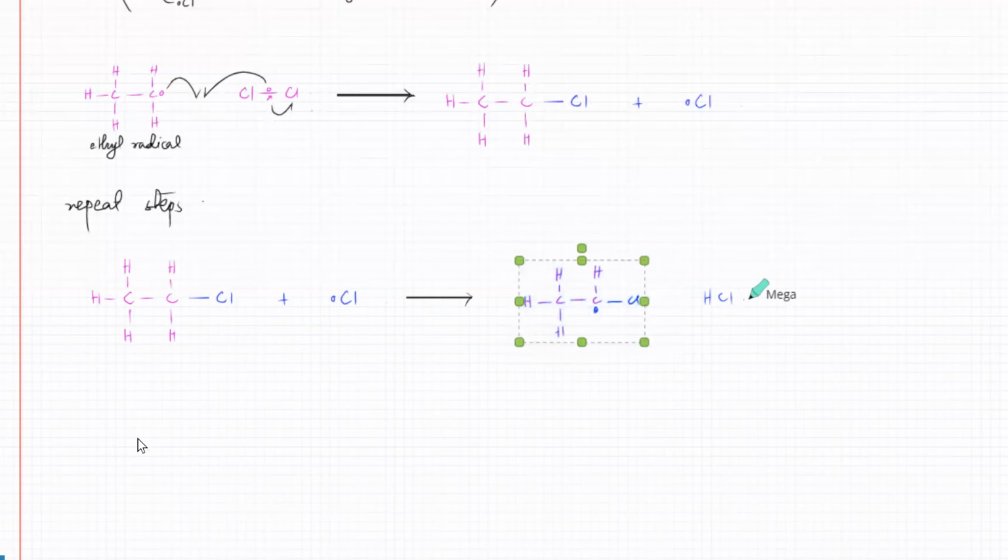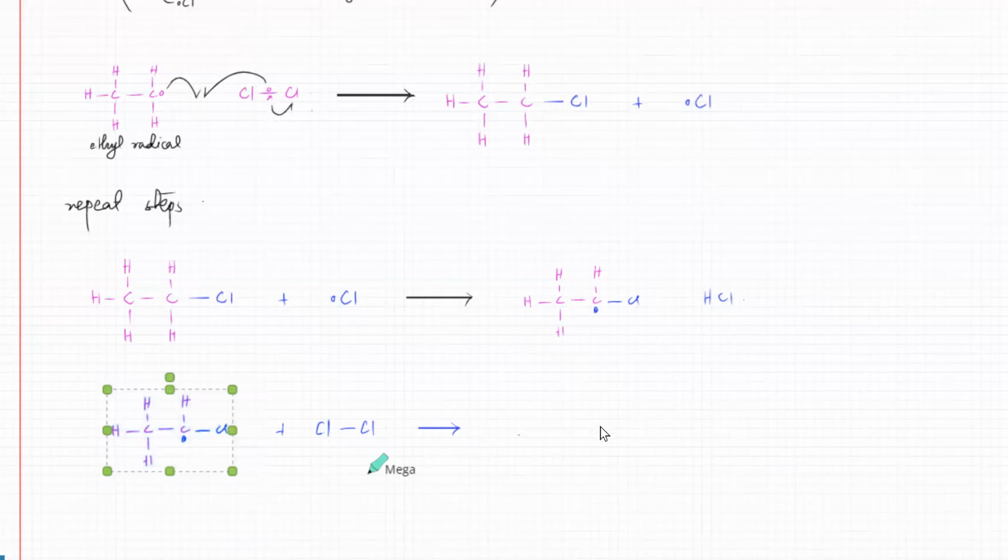Now, this one needs to complete its bond. So if it sees a Cl2 molecule, it's going to try and steal one of the Cls and bond with it. So the chloroethyl radical, which is this one, its carbon needs a bond, so it will take one of the Cls and bond with it, and a Cl radical is again formed.